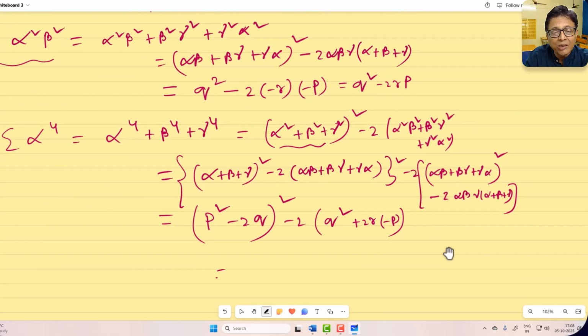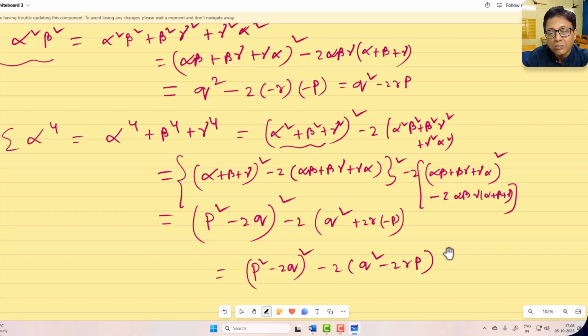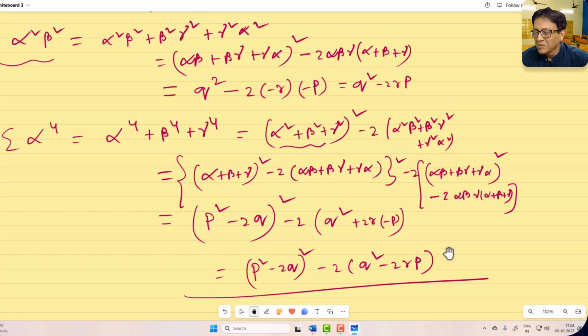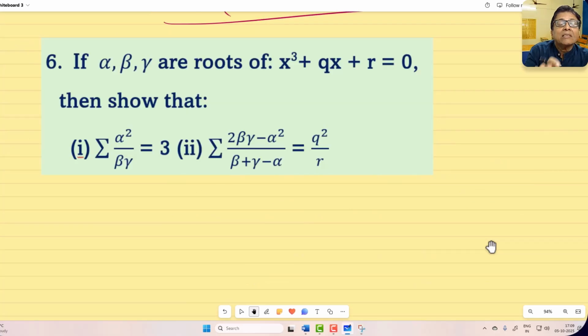So this is going to be p square minus 2q whole square minus 2 into, not simplifying it, simple. Hope you have understood. This session I have arranged just to make you habituated with the symbols and application of sigma sign. Hope none of you are confused so far.